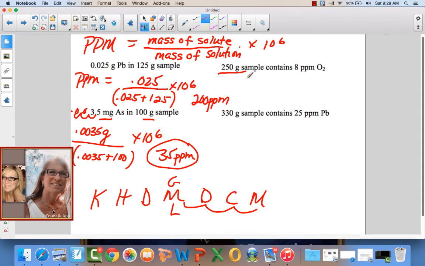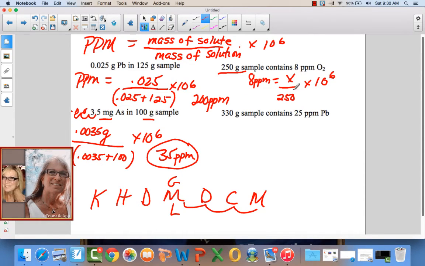So let's set this up. We have 8 ppm equals 250. Oops, sorry. We're trying to find the numerator. My bad. The sample is the whole thing. X over 250 times 10 to the 6th.